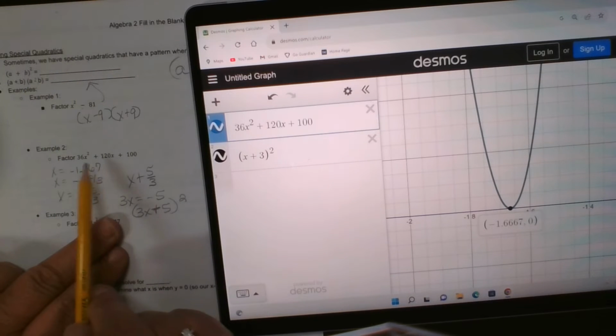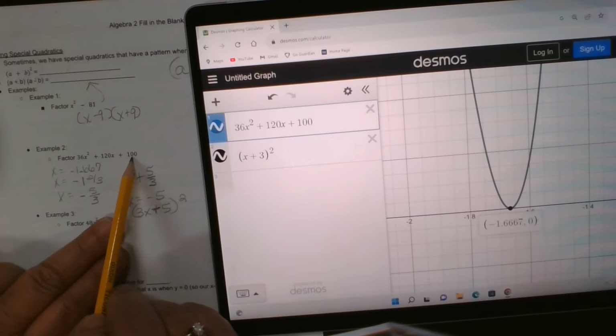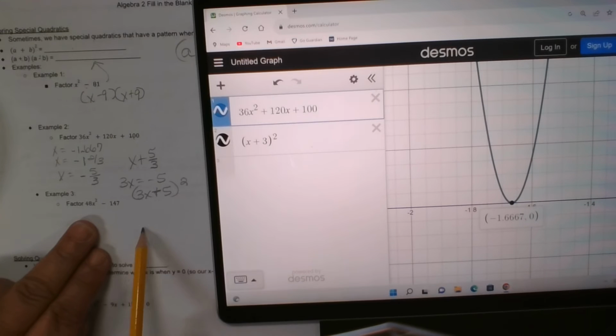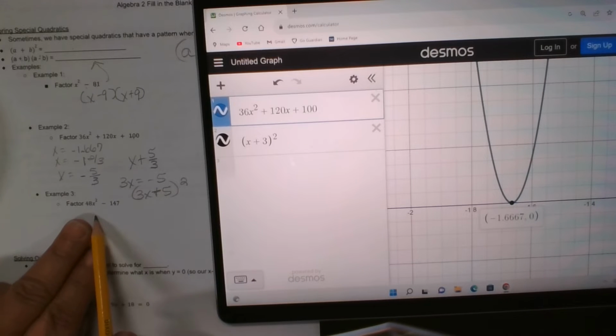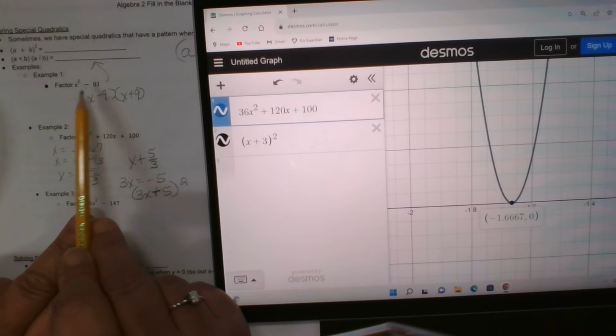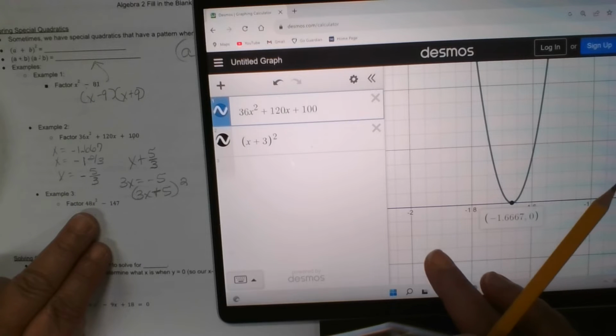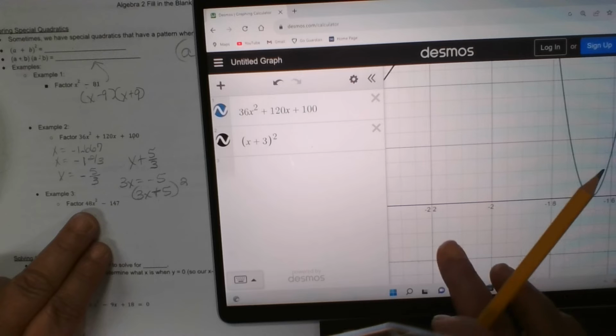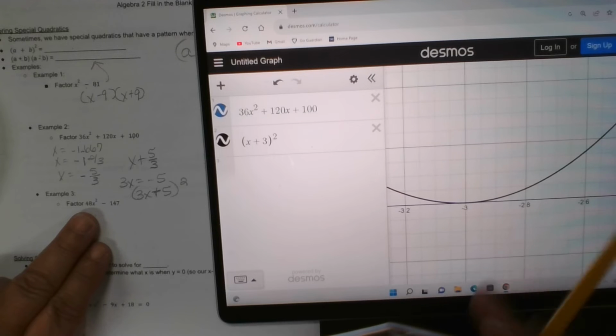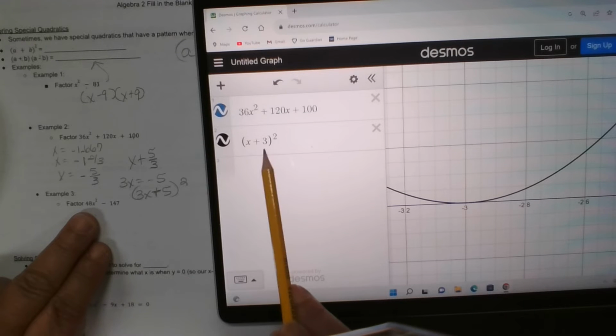So this fits the criteria here. How do I know? This is a perfect square in the front. This is a perfect square in the end. Just like this one now, this and this are going to go together. Look at this graph of x plus 3 squared.